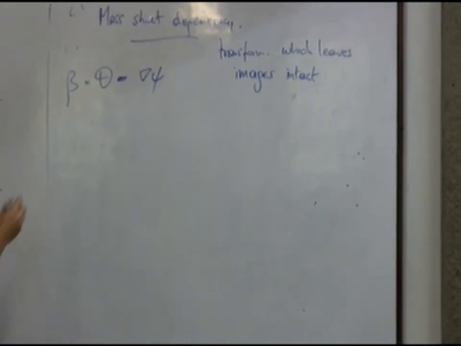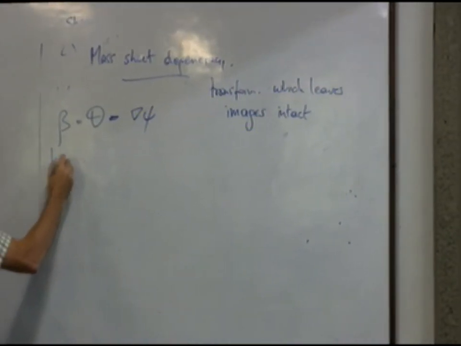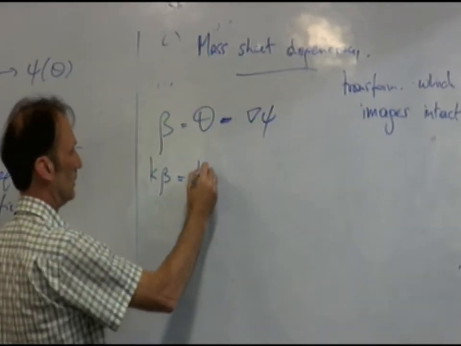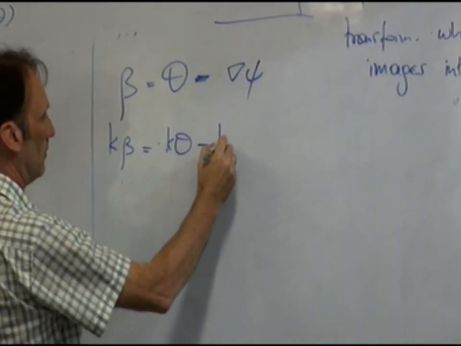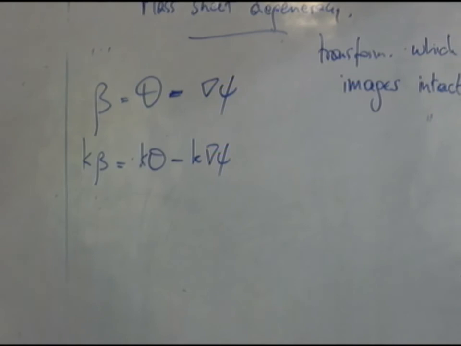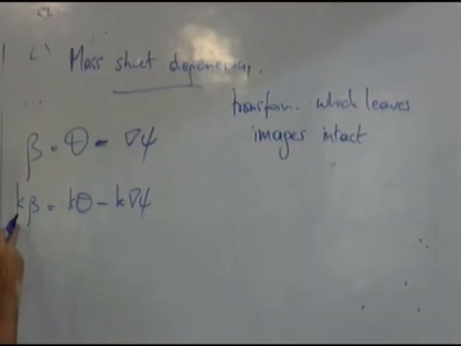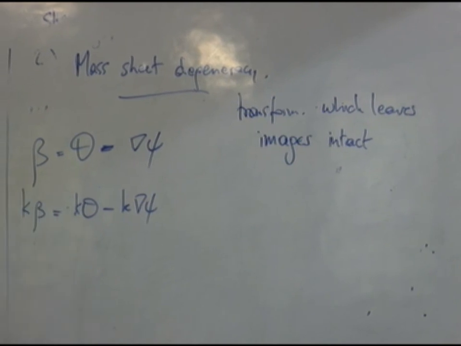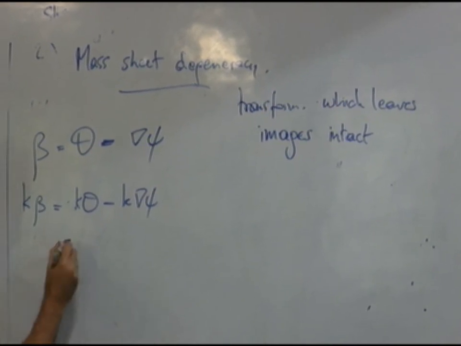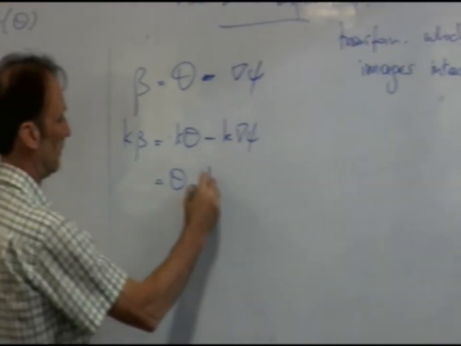And it goes as follows. We multiply this equation by some constant k. It's completely arbitrary. You can choose any number for it you like. And we then try to take this equation and we rewrite it. We try to make it look like a lens mapping.